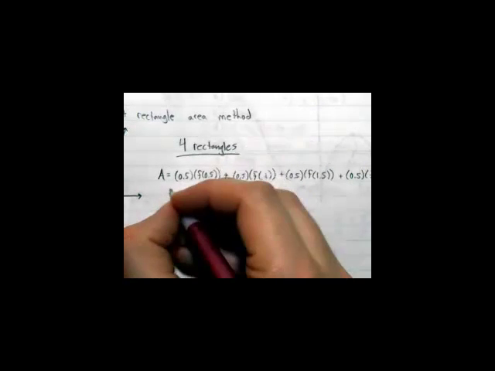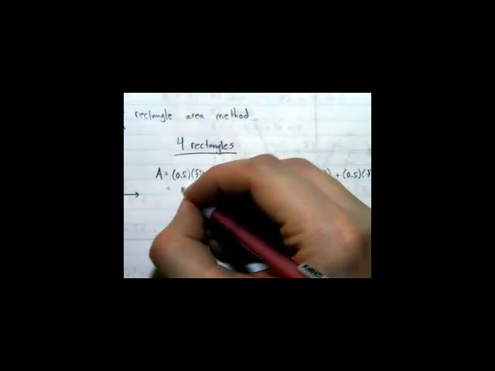Now, if you take a look there, see how each one of the terms in here has a 0.5, right? Because each one of the rectangles is the same width. It's a uniform width with each one of them. Well, to save yourself some work, factor that out.